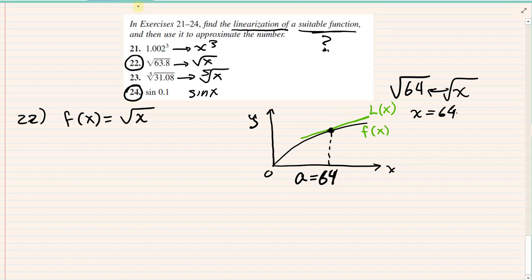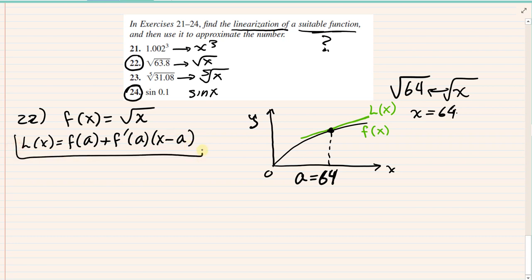Let's actually work the formula we had for linearization. Again, what I need to do is L of x equals, we just did one, f at a plus f prime at a times x minus a. And by the way, this linearization, in second semester calculus, actually grows into higher order functions.